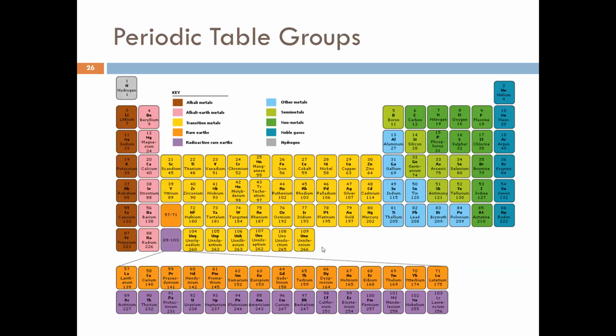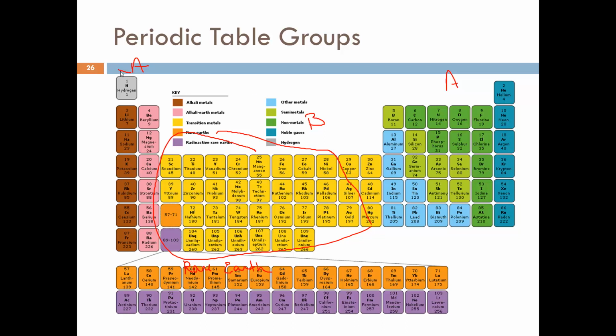The yellow ones are the transitions. And a lot of times they'll put A's up here, and B's are in the transition metals. I've also seen them designated just numbering one across 1 through 16, but A's and B's are more common.